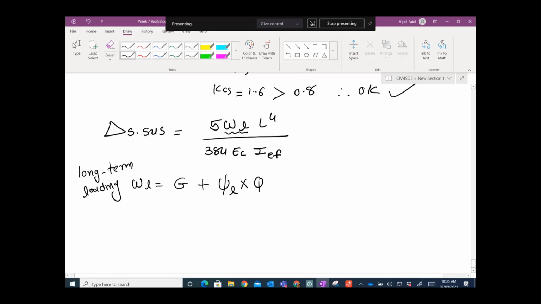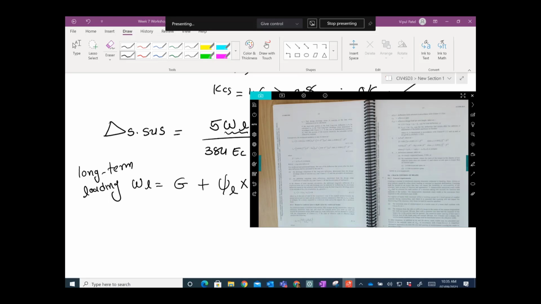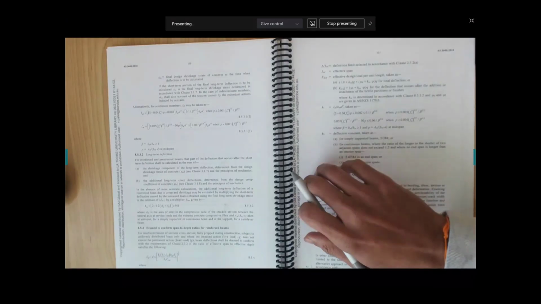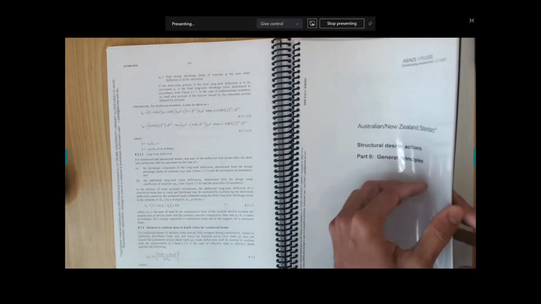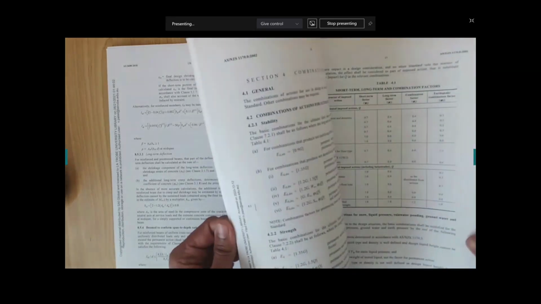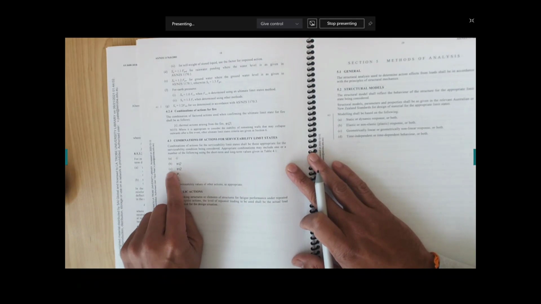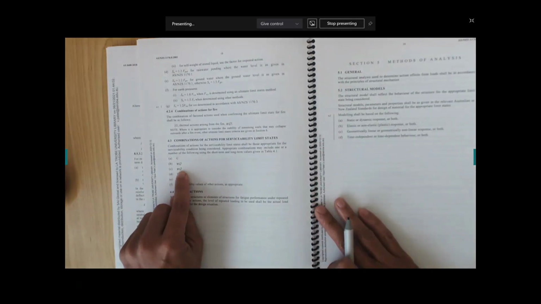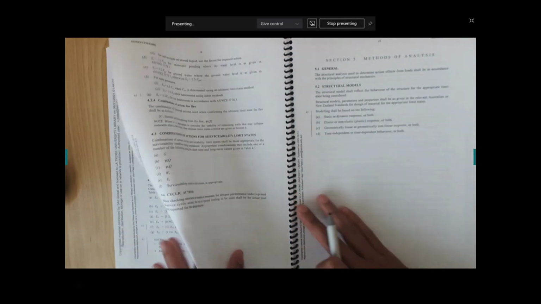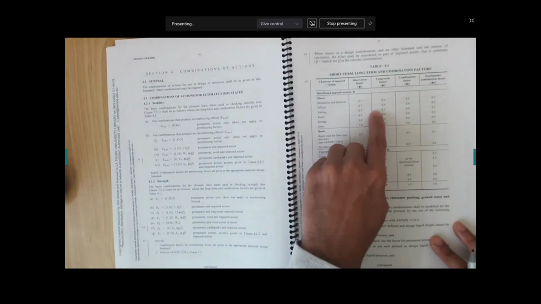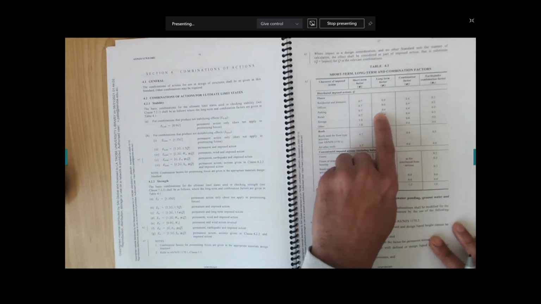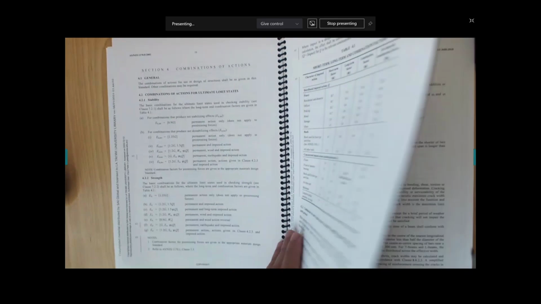So you have psi L times live load. Basically, where do these equations come from? If you go back to the SD2, we use these standards at that time, and the serviceability load is G plus psi L long-term load times the Q, and psi L long-term load is 0.4 given here, so that is the long-term factor.